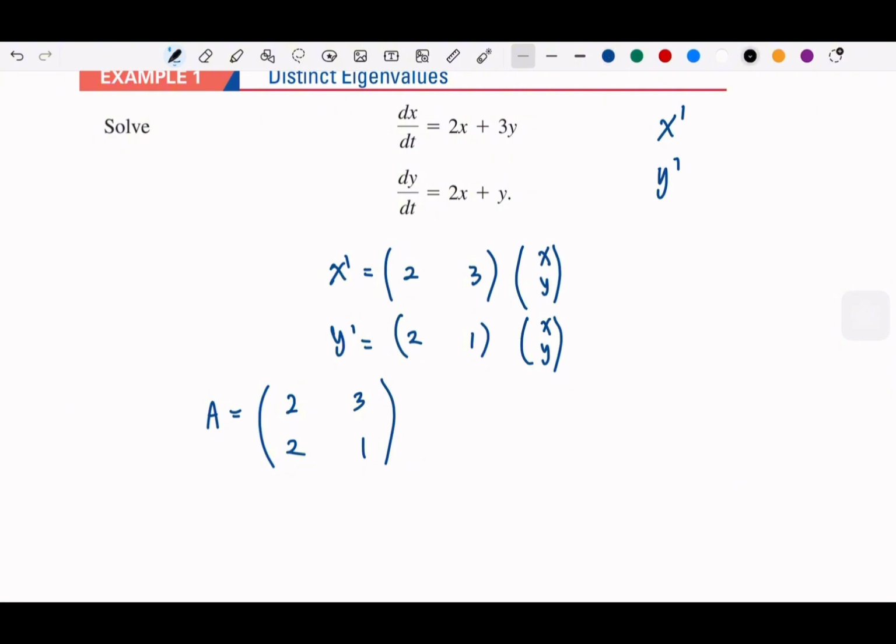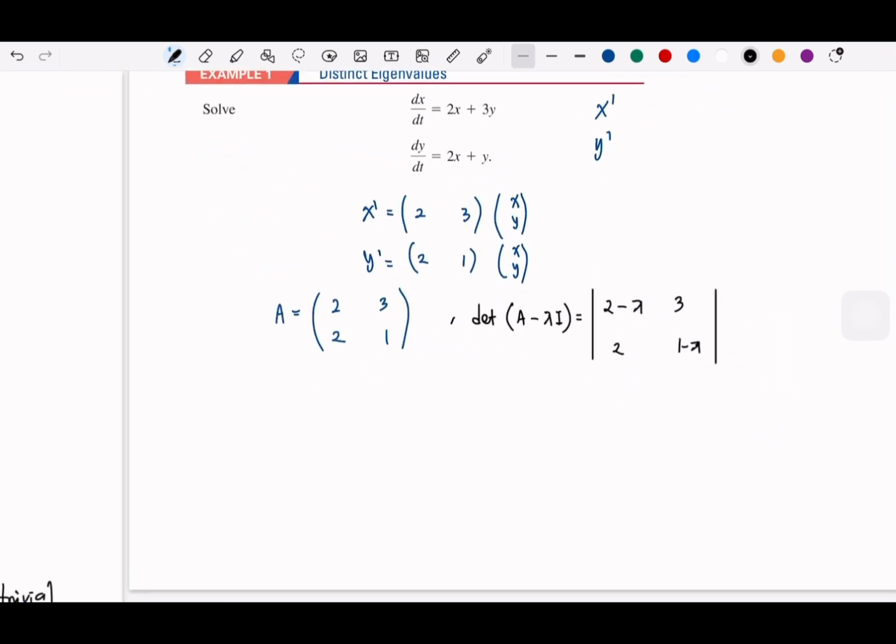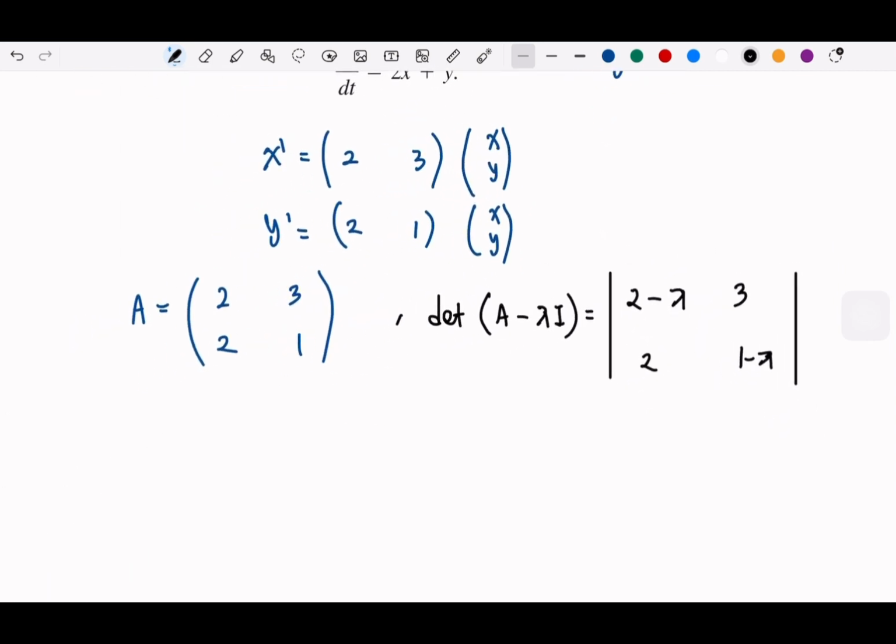Then we can take the determinant and find A minus lambda. So 2 minus lambda. We start by taking a simple 2 by 2 matrix, so finding the determinant, we get a quadratic equation.